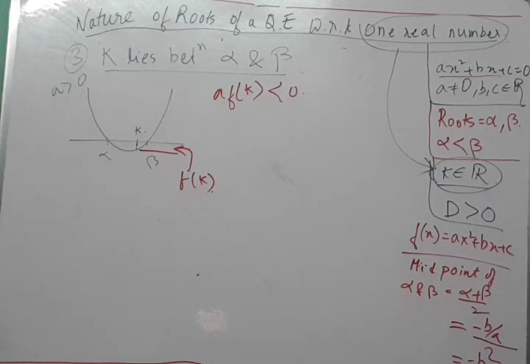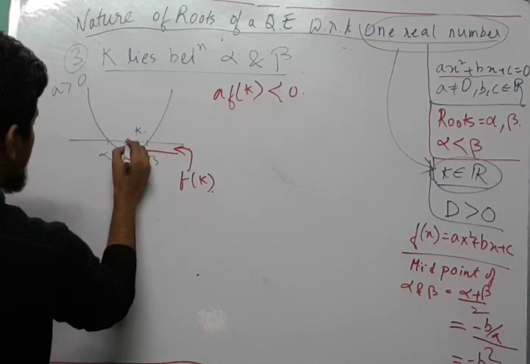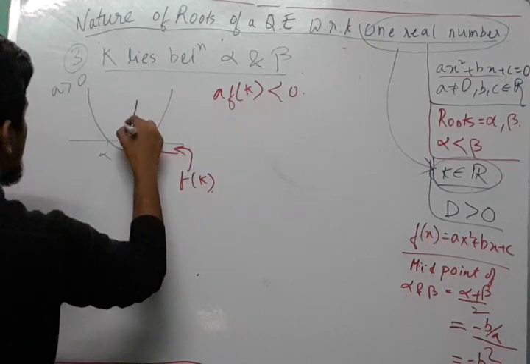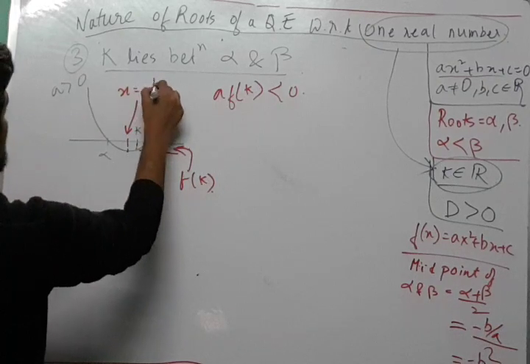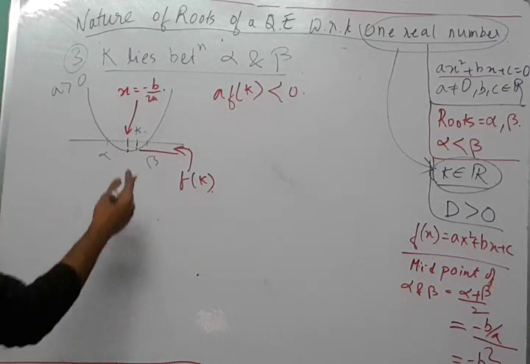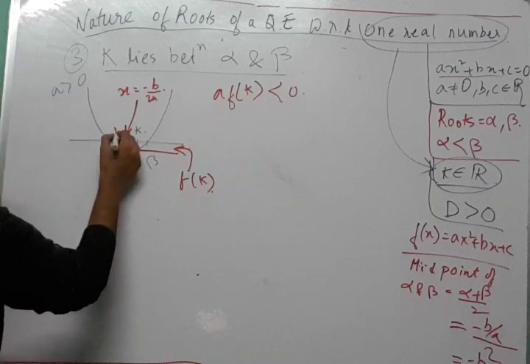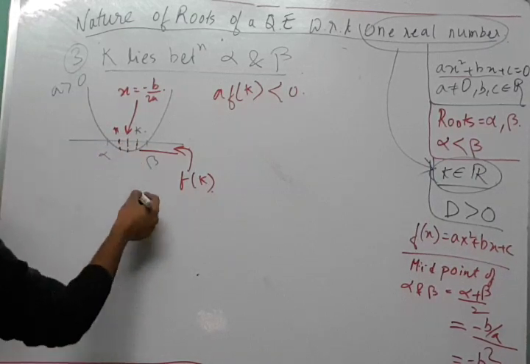Okay, and similarly, the thing that we cannot find out is whether k is to the right or left, since this point is the point where x is equal to minus b by twice a. Now in this diagram I have taken that k is to the right of minus b by twice a, but if we even take k over here, in that case also fk is negative.